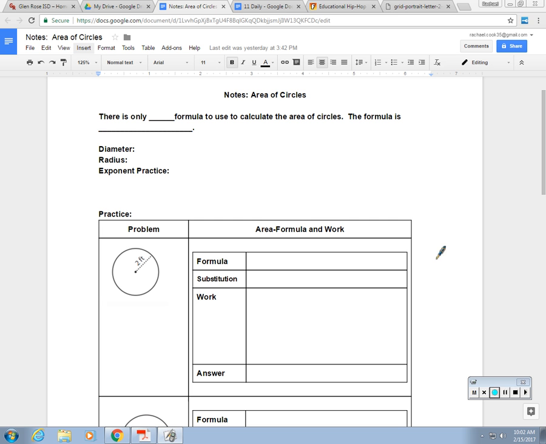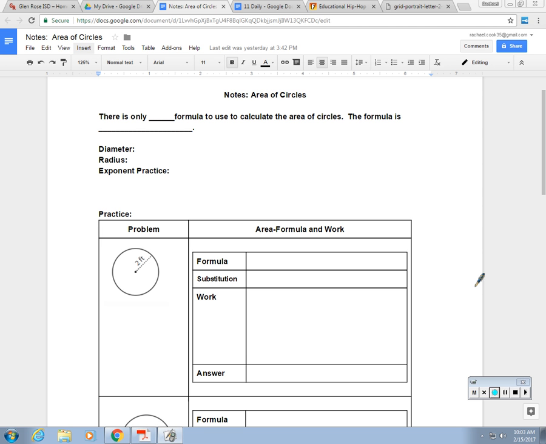The third common mistake that you all will make is you won't follow order of operations. Order of operations is please excuse my dear Aunt Sally, or y'all call it PEMDAS.